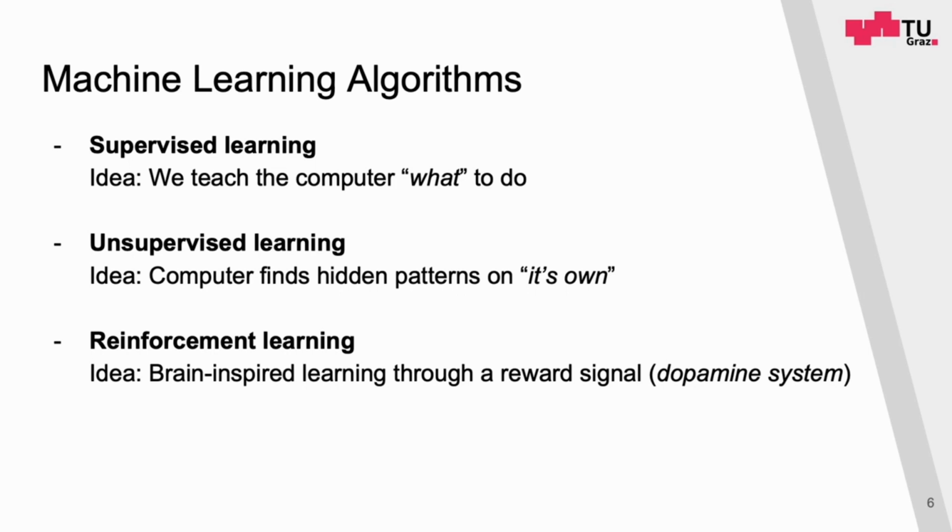And so we know, okay, this was good, and therefore we should keep doing that. If we do something wrong, then we don't get this reward signal, and therefore this behavior is not reinforced. So each correct behavior gets a reward and is reinforced by our brain or by the AI algorithm. Those are the three main classes of machine learning algorithms.